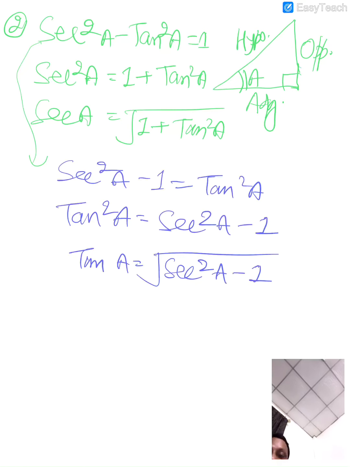And the third trigonometrical identity we are going to introduce: we have a right angle triangle, here is the 90 degrees, this is the angle A, this is your opposite, this is your adjacent, and this is your hypotenuse.